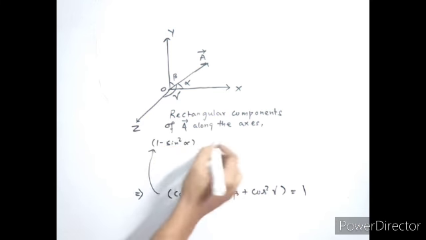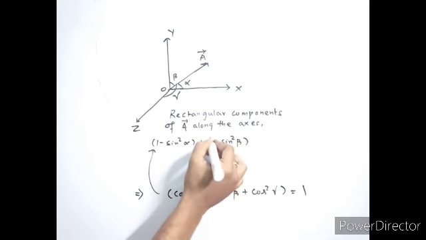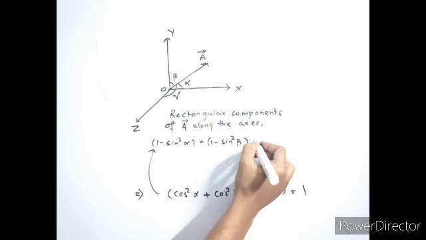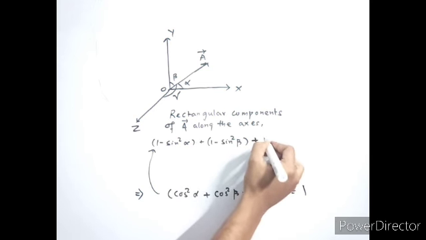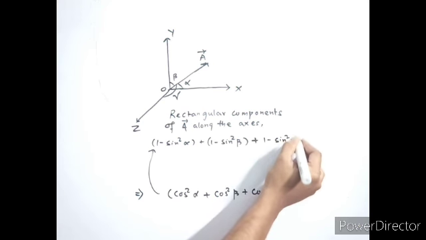So just writing it in another way, cos square alpha is equal to 1 minus sine square alpha, and cos square beta is 1 minus sine squared beta, and cos square gamma is obviously 1 minus sine squared gamma.